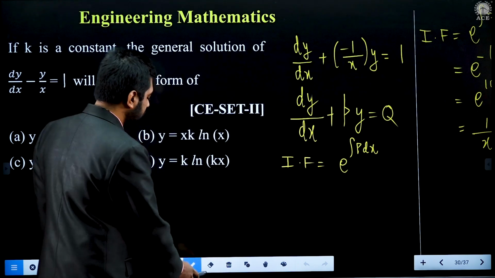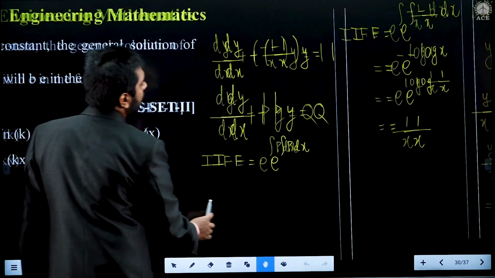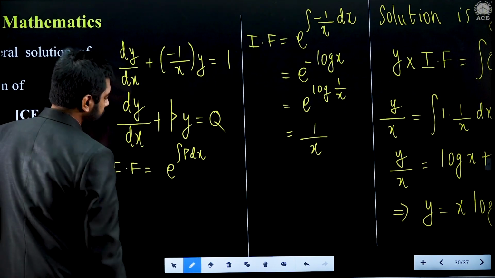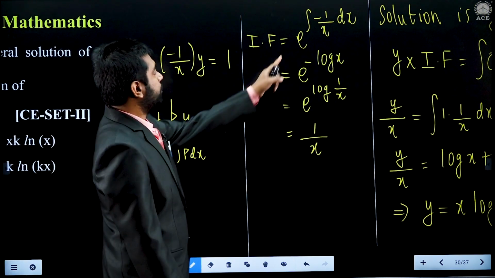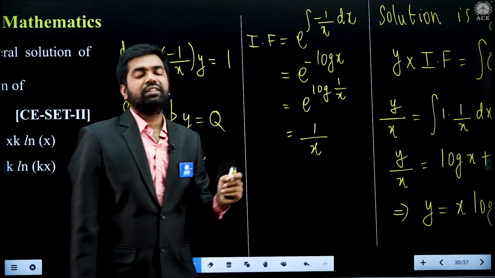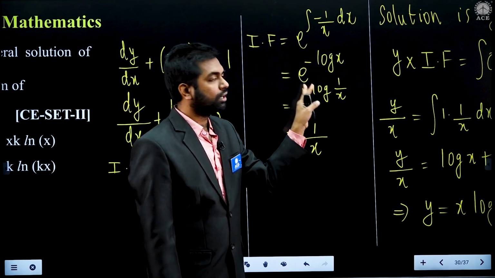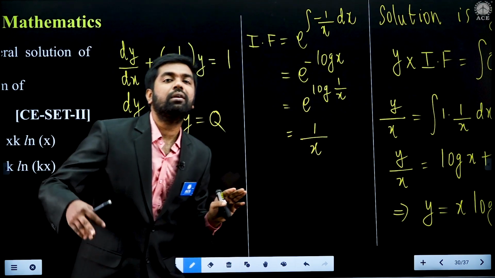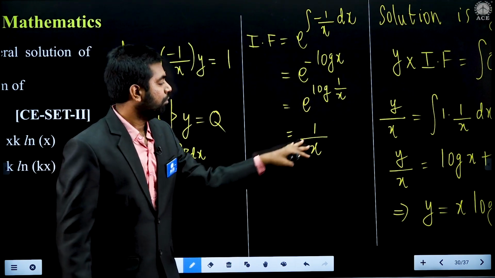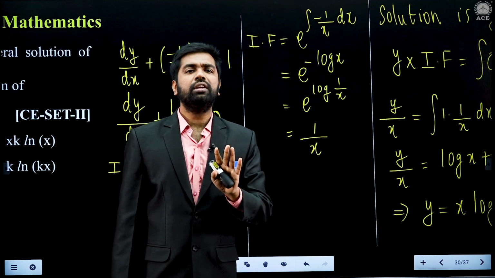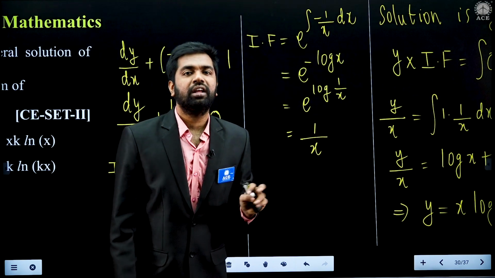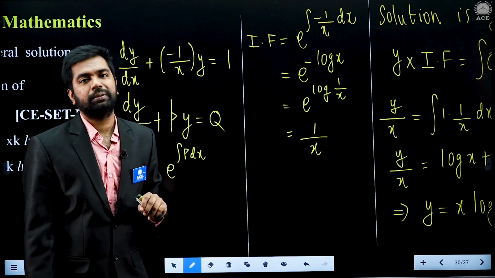Now the integrating factor is e power integral p dx. When I substitute this, the integration of 1 by x is log x, and there is a minus sign. So I take the minus sign inside, I get log 1 by x. E power log 1 by x is simply 1 by x. Finally, the integrating factor is 1 by x.